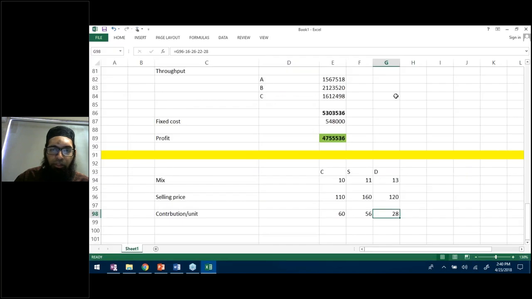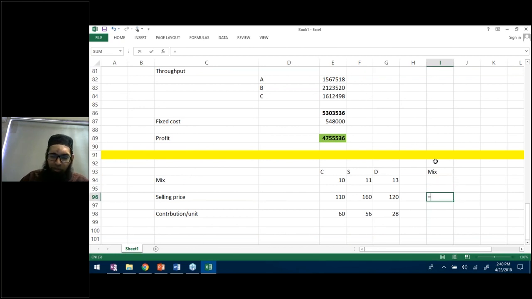Now, coming back to the actual part. To calculate the weighted average CS ratio, my way of doing it is, first of all, I will calculate the values for the mix.